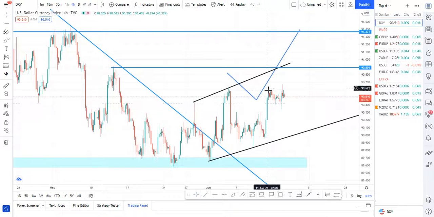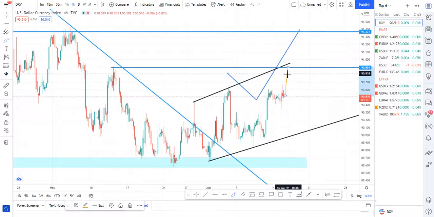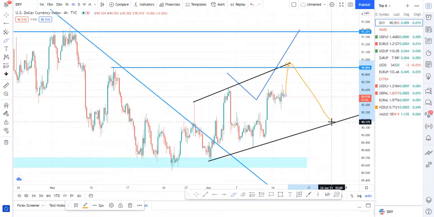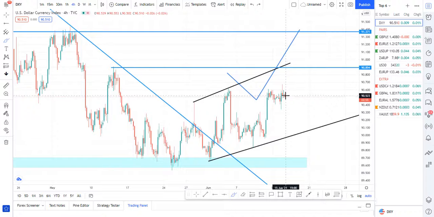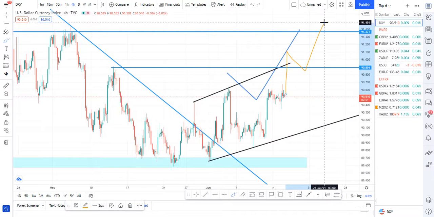So now what we're waiting for is for this to either shoot up, have a third touch, make a false breakout, come back to this side, then break out, then retest, then go to the downside, or we go up and break through here, then we go up there.